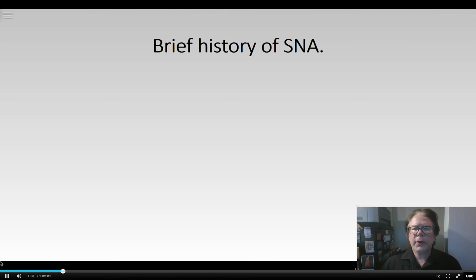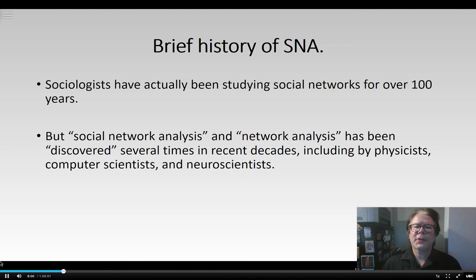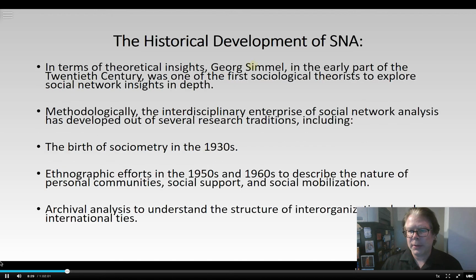So I'm going to give you a very brief thumbnail sketch of the history of social network analysis. As I said, sociologists have actually been studying social networks for quite some time, for at least 100 years. But social network analysis and network analysis has been discovered, quote unquote, several times in recent years by physicists and by computer scientists and also by neuroscientists who didn't know about the work of sociologists and basically reinvented the discipline.